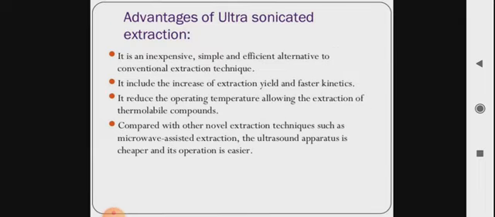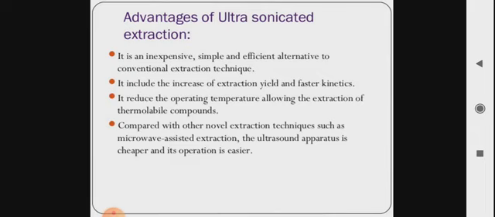What are the different advantages of ultrasonicated extraction? It is an inexpensive, simple and efficient alternative to conventional extraction techniques. It includes an increase of extraction yield and faster kinetics. It reduces the operating temperature, allowing the extraction of thermolabile compounds.